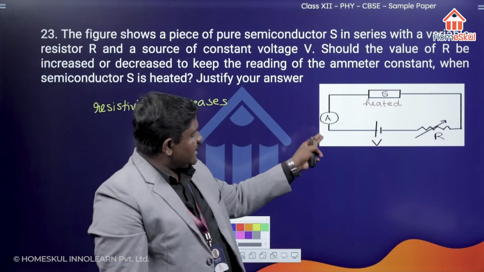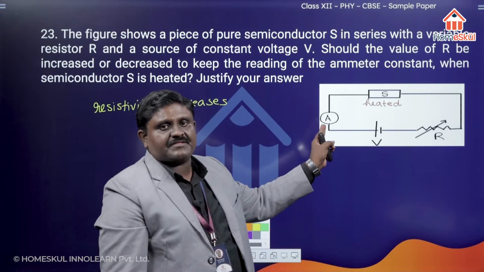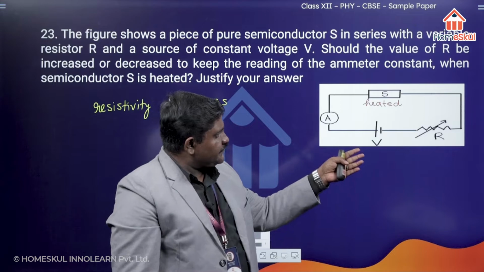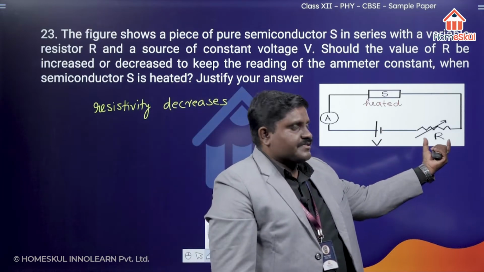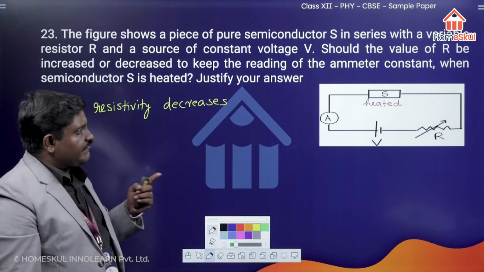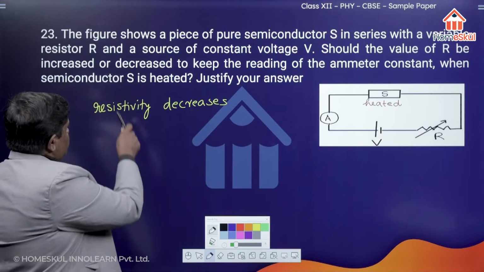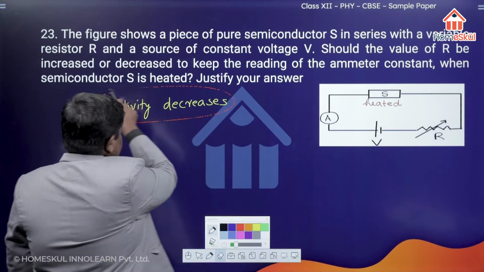So in order to keep the ammeter reading constant, what do we have to do? The value of this resistance will be increased. We have to increase the value of that resistance. Clear? So this is the answer.